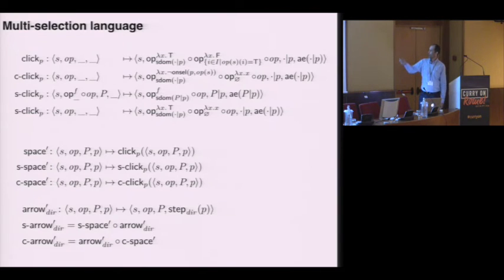Okay, so with this we can get the semantics of multi-selection, and this is almost everything. These are the operations that are meant for users to use to modify the selection state. So we name them click, shift click, command click, just to be consistent with the expected behavior of these established behaviors.